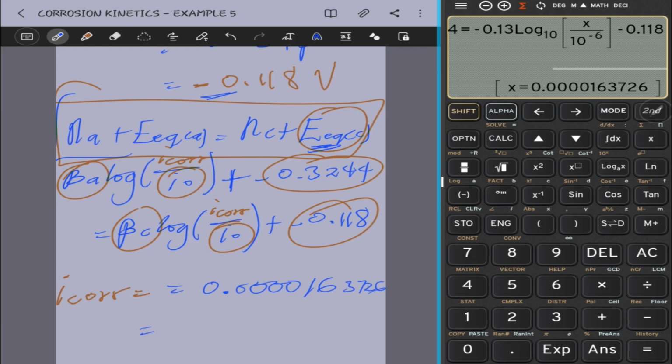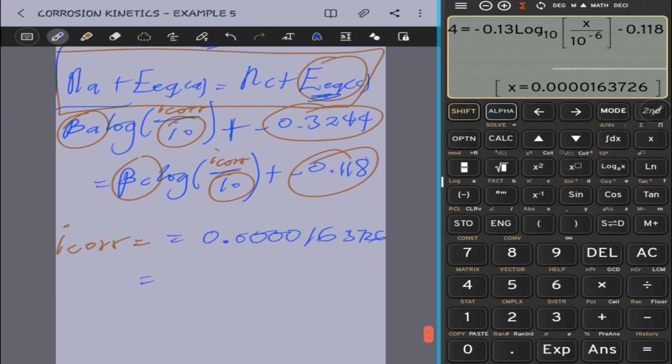So when we change it to scientific form, let's see what we have. The calculator can do it straightforward, but I don't know how to do it with this one, that's why I'm going this way.